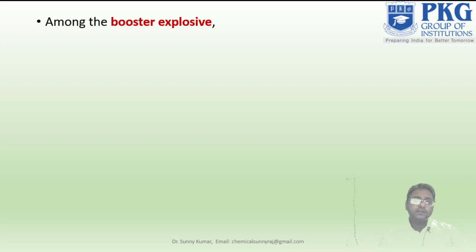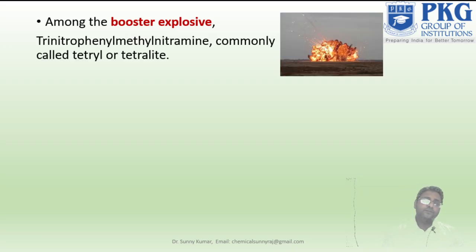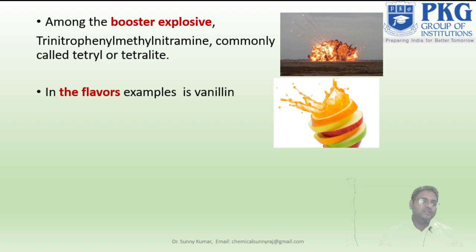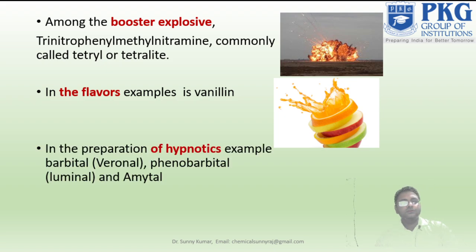The next one is among the booster explosives, trinitrophenylmethylnitroamine, commonly called tetryl or tetralite, which is used as an explosive. And in flavors, an example is vanillin, which also involves this alkylation process.